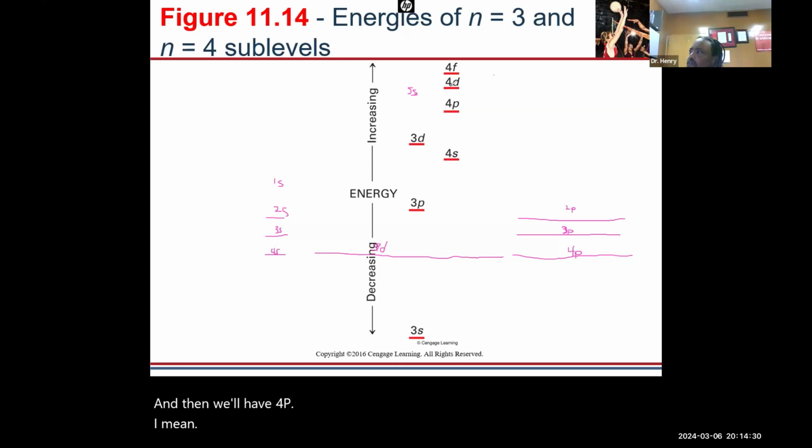Right, 5s, 4d, and then 5p. Okay. So if we take a look, that's going to be the case until we get to our 6th row.